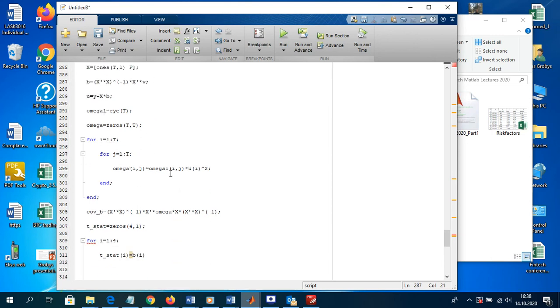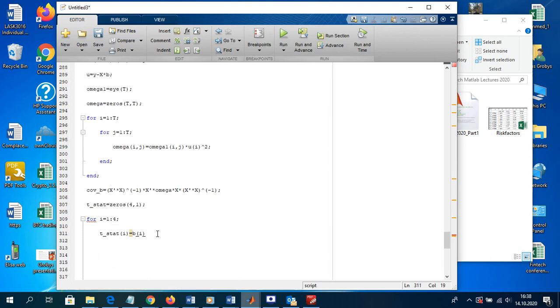We derived this during the lecture. If you are unsure about it, then check it one more time. So we have to divide it by the square root of the covariance matrix element i, right?